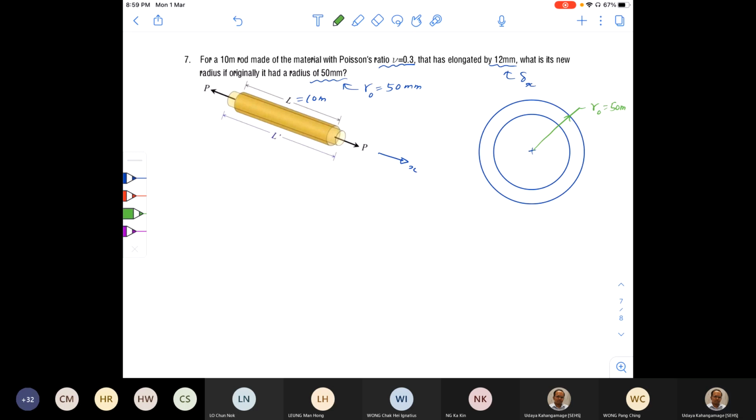Maybe I will mark it vertically here. So this is R F, the final radius, and this distance here is the reduction in the radius, delta R. I'll mark the vertical direction as Y.